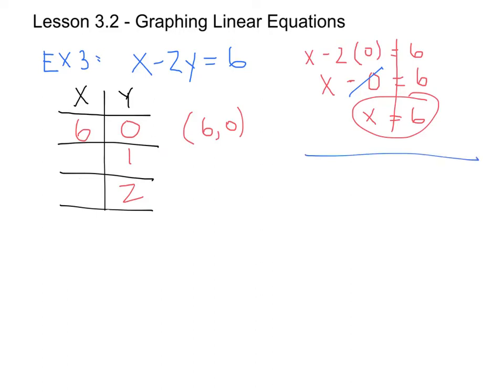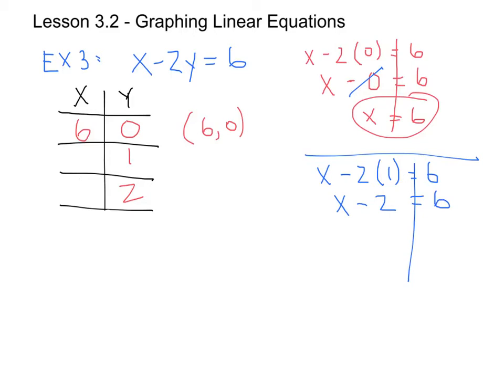Let's do one more problem. This time we're going to go with 1. Again, we don't know x. Minus 2 times 1 equals 6. X minus 2 times 1 is 2 equals 6.